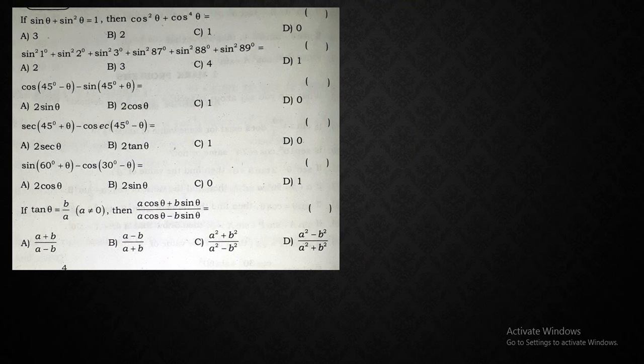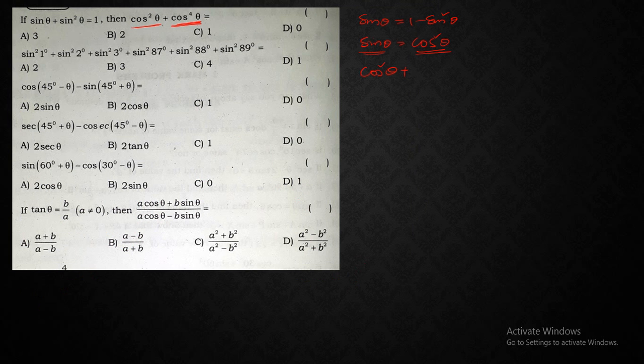Sin theta plus sin square theta is equal to 1. So what he has given is sin theta plus sin square theta is equal to 1. When I transpose that sin square theta, it becomes 1 minus sin square theta. So clearly sin theta is equal to cos square theta. Now wherever I have cos square theta, I can replace it with sin theta, no? So here cos square theta is there, so don't disturb that cos square theta.